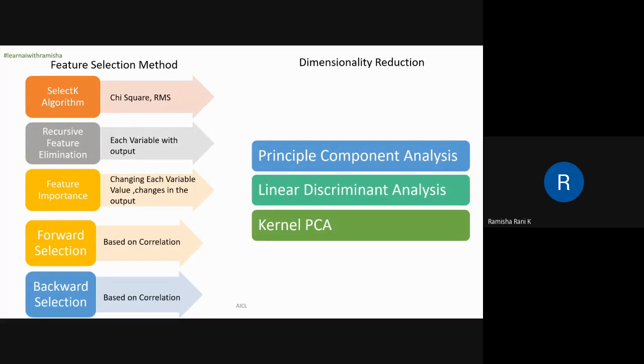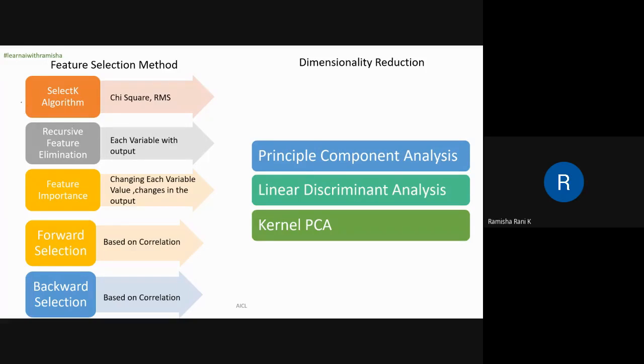The next algorithm is feature importance, which changes each variable and observes the changes in the output. Then forward selection based on correlation and backward selection based on correlation, right? These are the necessary feature selection methods that you have to know.